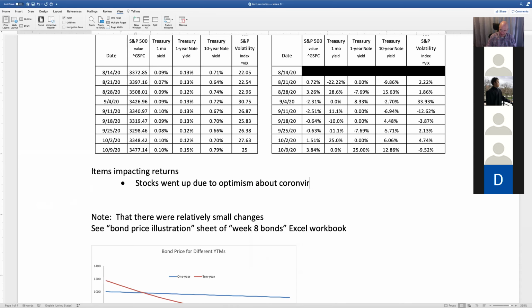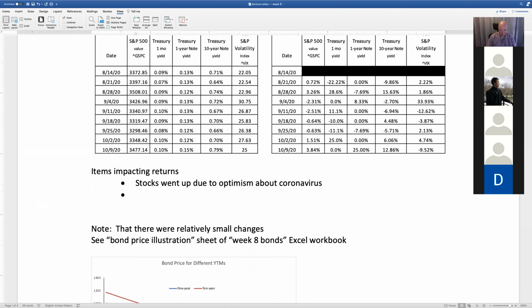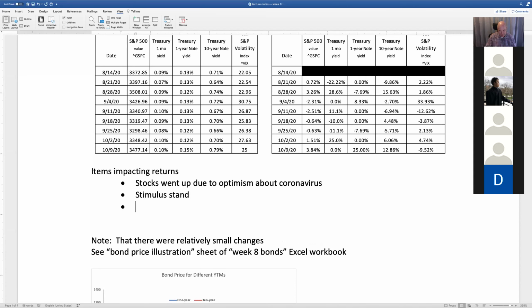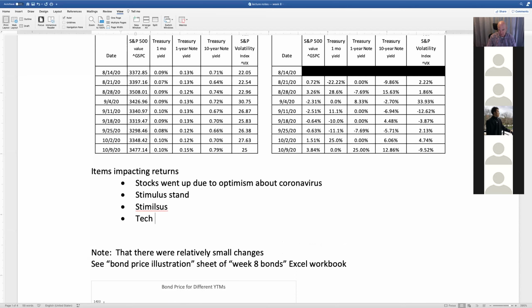Well, and that was in the news. Stocks went up because of coronavirus. Cam mentioned the stimulus standoff, which is related to the coronavirus. Yufan mentioned the stimulus again, and tech stocks did go up.